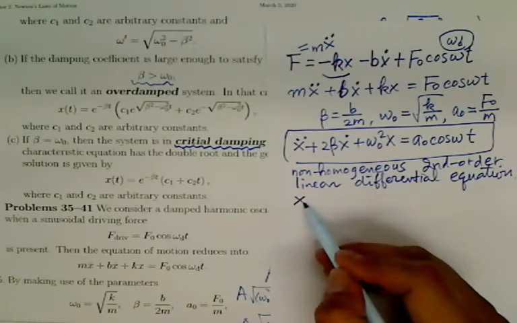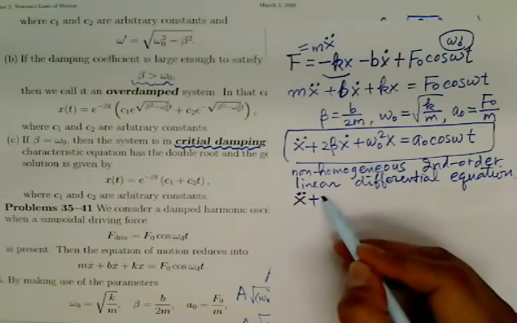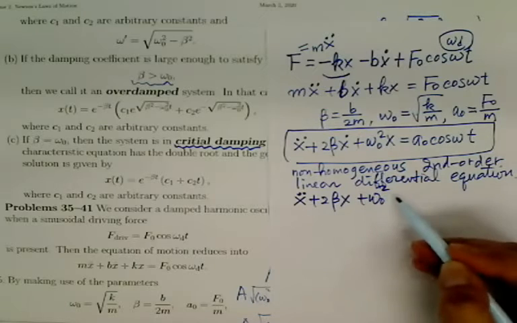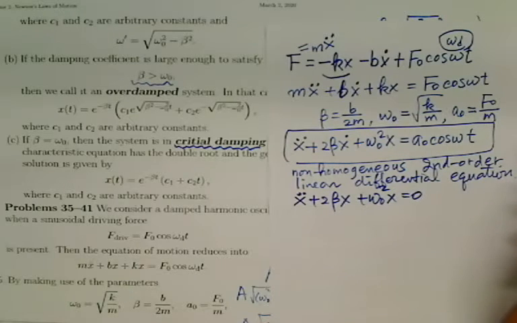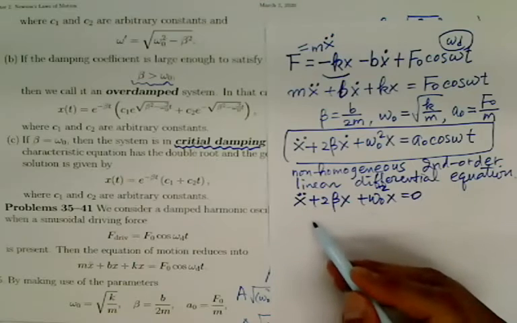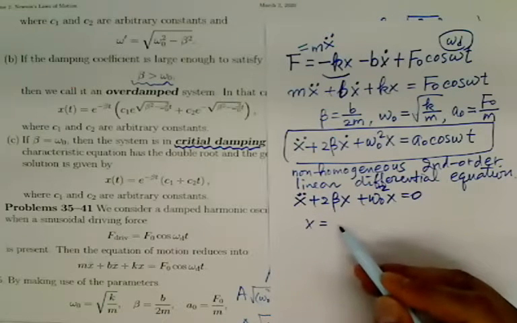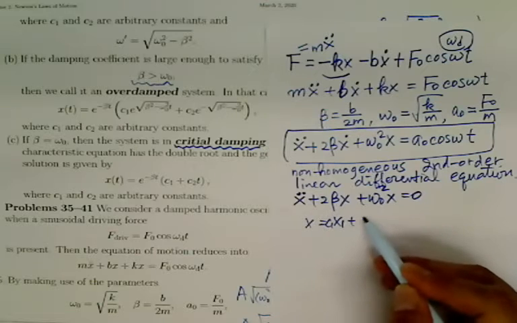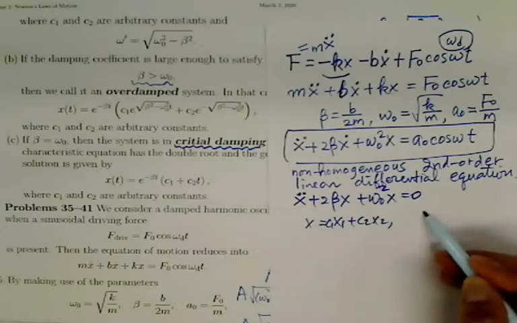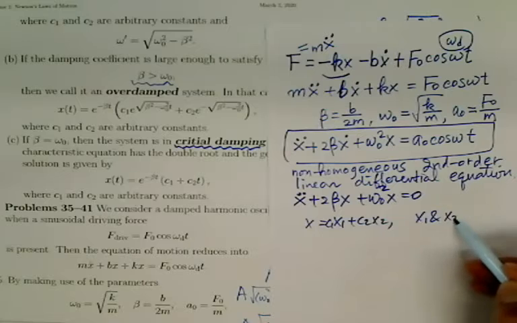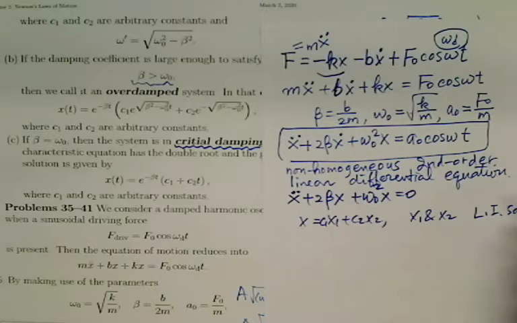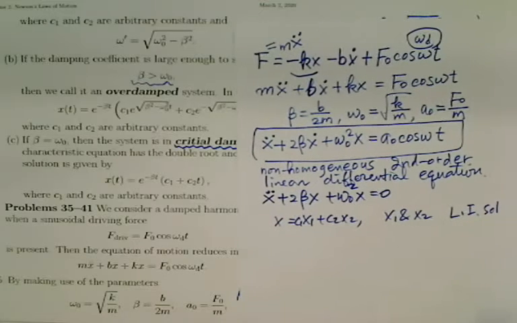We know how to solve this problem. And this is just x equals c1 x1 plus c2 x2, where x1 and x2 are linearly independent solutions for the homogeneous equation.